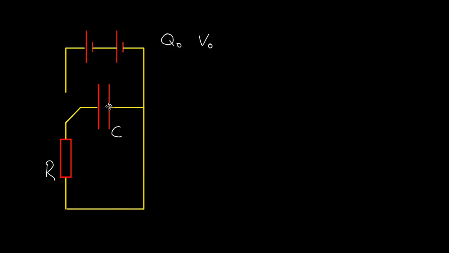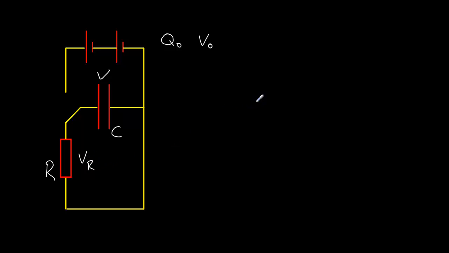If we consider the situation at some time t after the discharge has commenced, we're going to have a potential difference over the capacitor of V, and a potential difference over the resistor of VR.